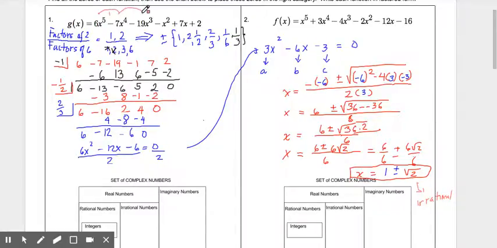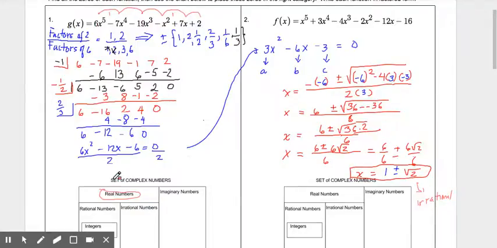Negative to negative, no change. Negative to negative, no change. Negative, and then it becomes positive, that's one change. And positive to positive is no change. So there are 2 sign changes, and we found 2 positive zeros. All right, now these zeros are all visible in the graph, so we call them real numbers. They belong to the set of real numbers.